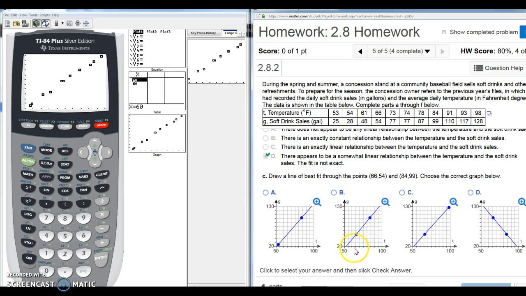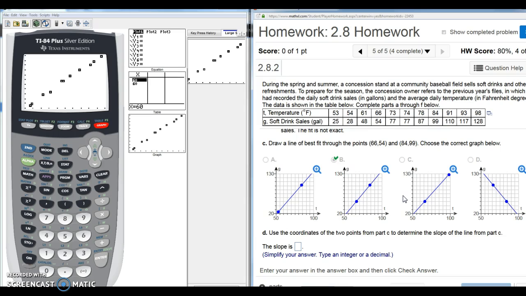So 50, 55, 60, 65. So this looks like 66, 54, 70, 75, 80, 85. Looks like this one. And they want me to determine the slope.